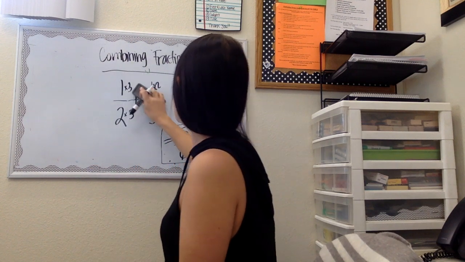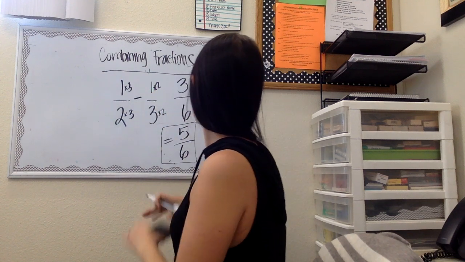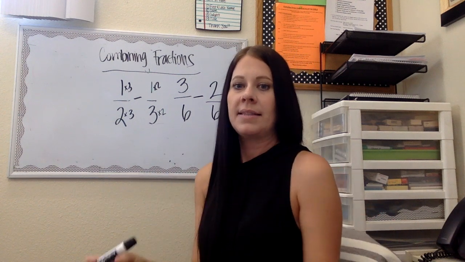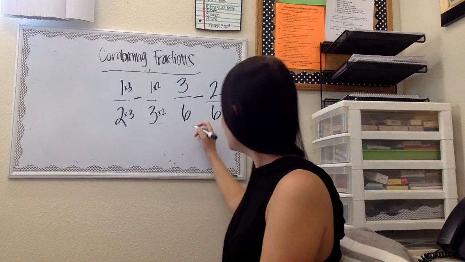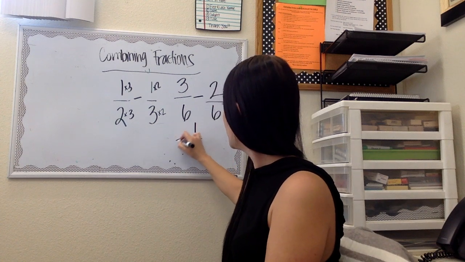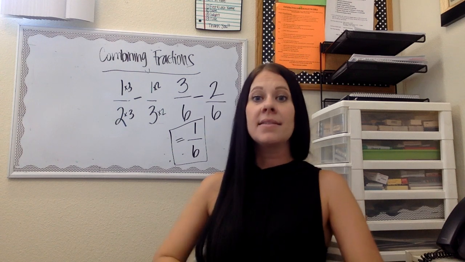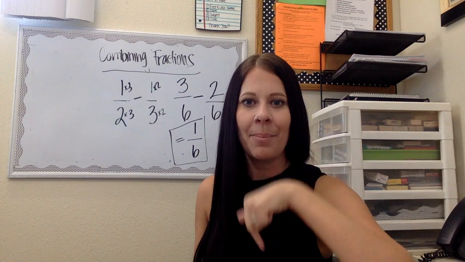Because I can do the same exact thing with a negative, and it doesn't change anything at all, except at the end, instead of doing 3 plus 2, I do 3 minus 2, and I get 1 over 6. Okay? And this is one of the reasons I tell you to keep the negative sign in the top number.